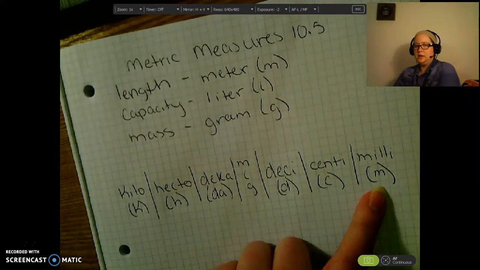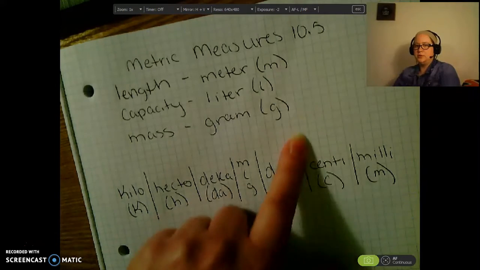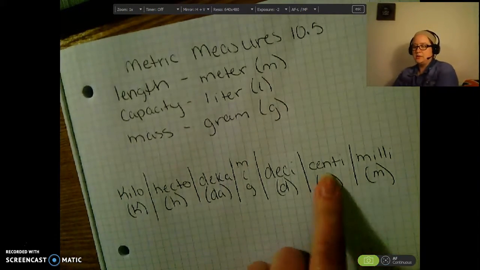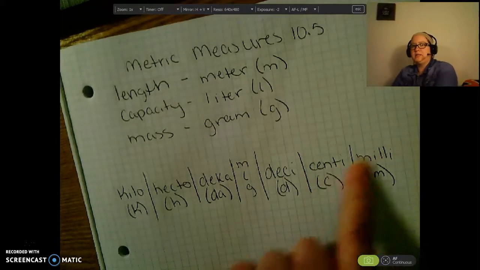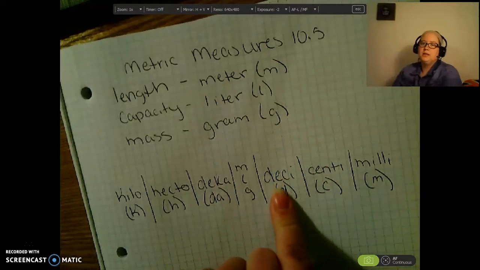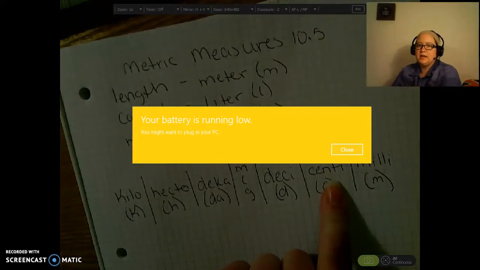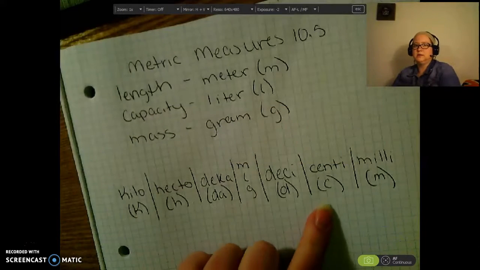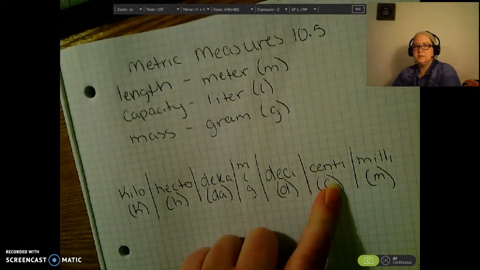Basically, each one to the left is 10 times that. So a centimeter is 10 times a millimeter, and a decimeter is 10 times that of a centimeter.